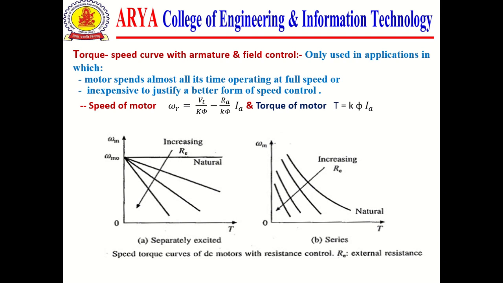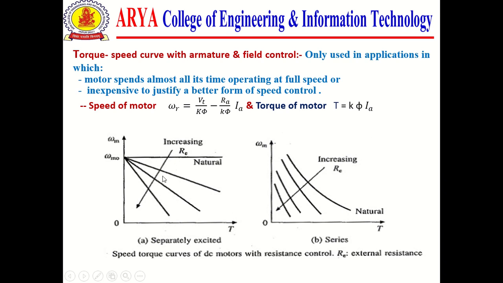And next, here you can see from this graph the speed torque curves for a DC motor with resistance control. If we insert some value of resistance in the armature windings, here you can see this is the natural graph.